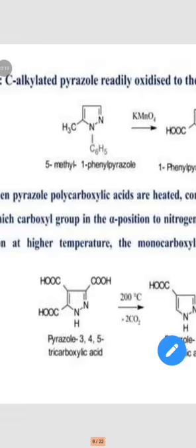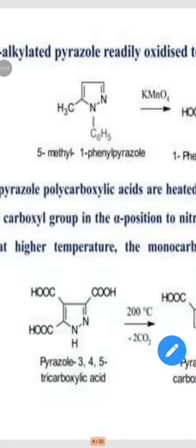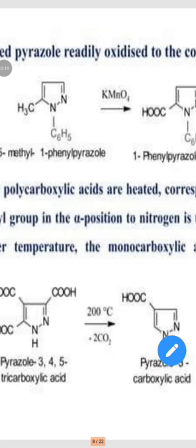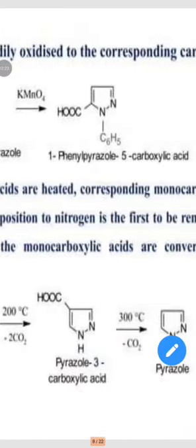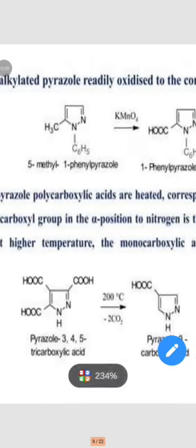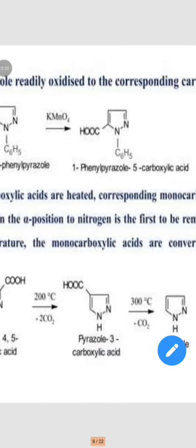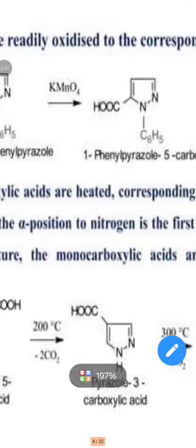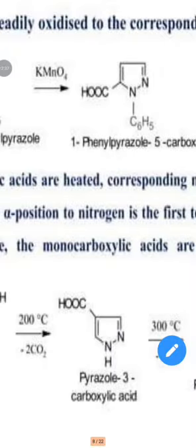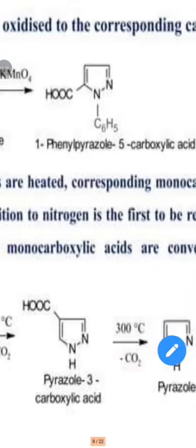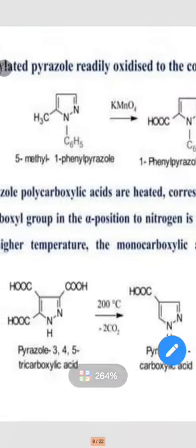So 5-methyl-1-phenyl pyrazole is reacted with KMnO4 to form 1-phenyl pyrazole-5-carboxylic acid. Alkylated pyrazole is readily oxidized, and 5-methyl-1-phenyl pyrazole is oxidized with KMnO4 to give 1-phenyl pyrazole-5-carboxylic acid.